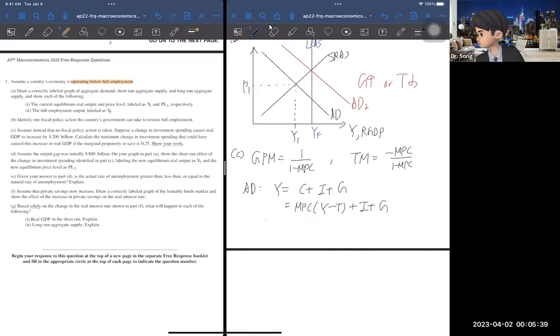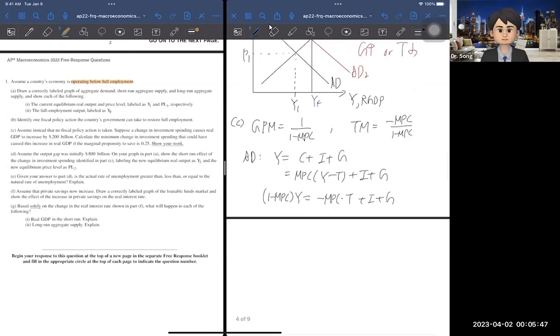Then I have 1 minus MPC times Y. On the right-hand side, I have negative MPC times T plus investment plus government spending. Then let me divide both sides by 1 minus MPC. Then I have Y equals negative MPC over 1 minus MPC times T, plus 1 over 1 minus MPC times investment, plus 1 over 1 minus MPC times G, government spending.